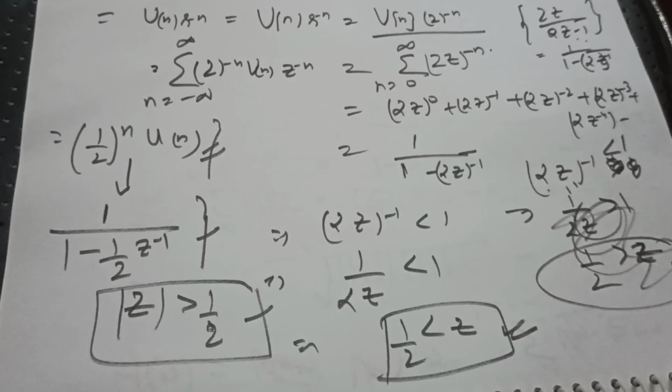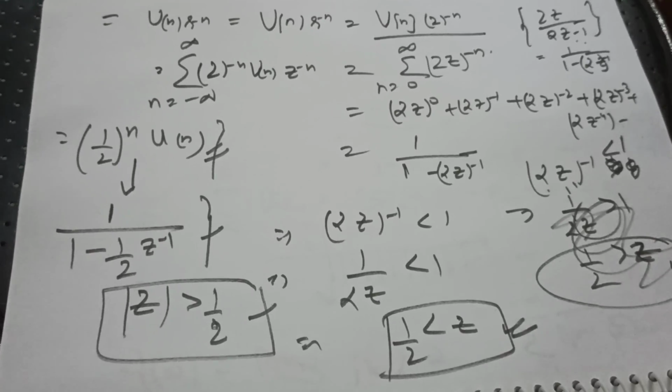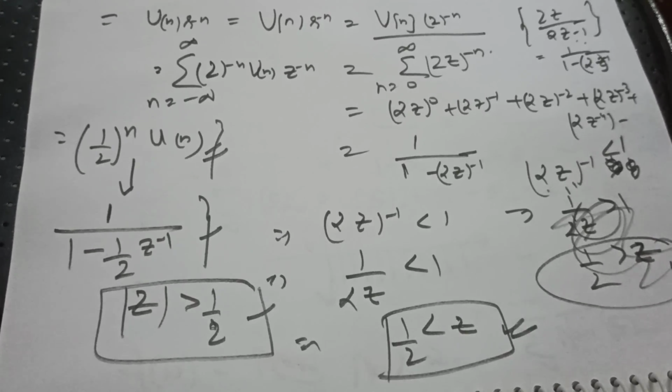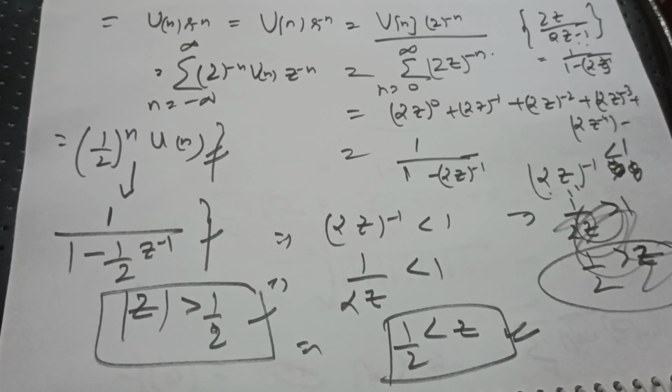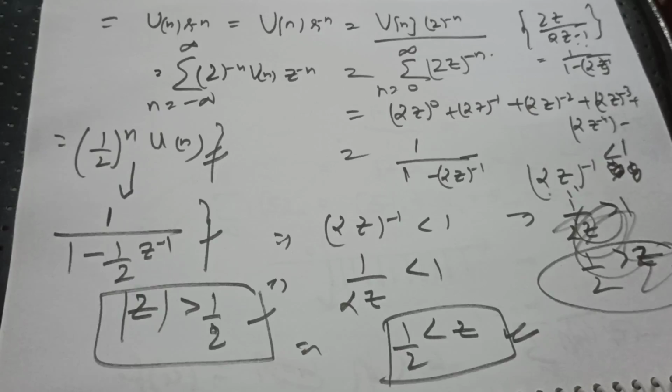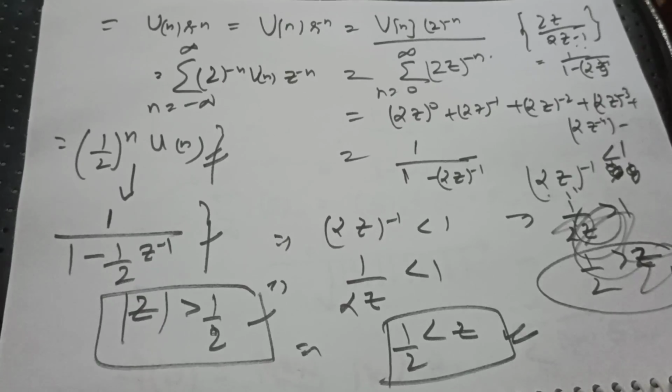Now a will change to 1 upon 2. All of you are well aware of the formula, that is 1 upon 1 minus a Z inverse, provided that half Z inverse, or Z should be greater than half. That's it.